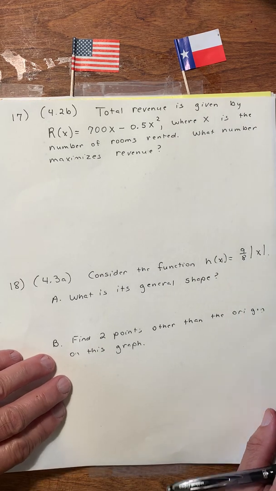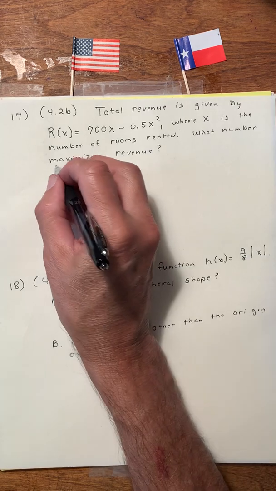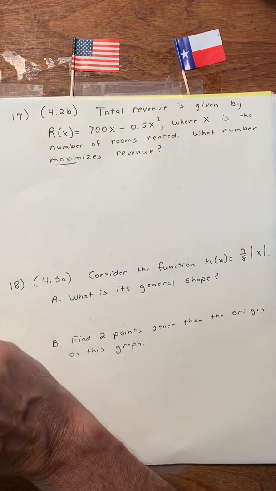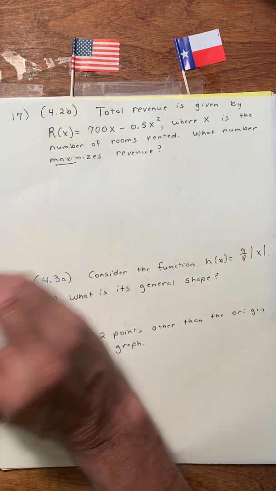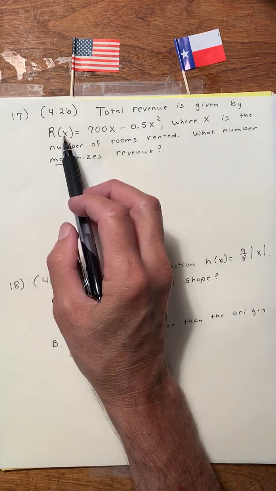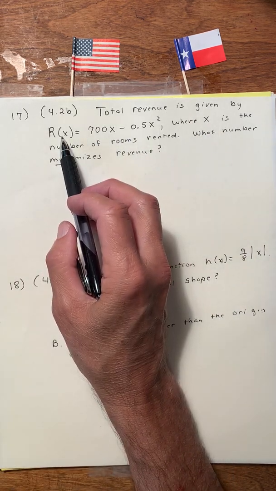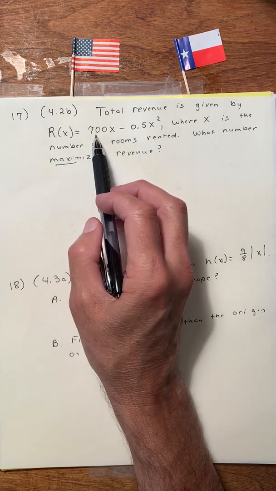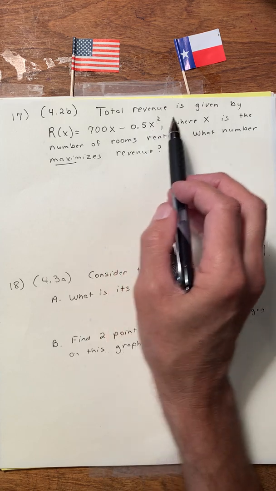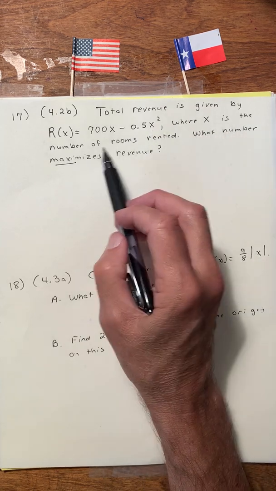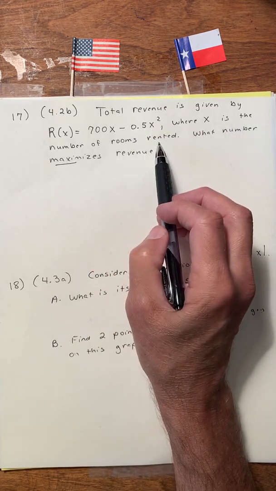All right, here's one of our max and min problems. Maximize or minimize a function. This says total revenue is given by this function. Revenue of x, R of x, is 700 times x minus 0.5x squared, where x is the number of rooms rented.